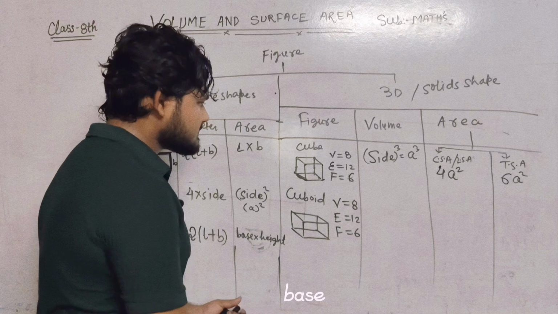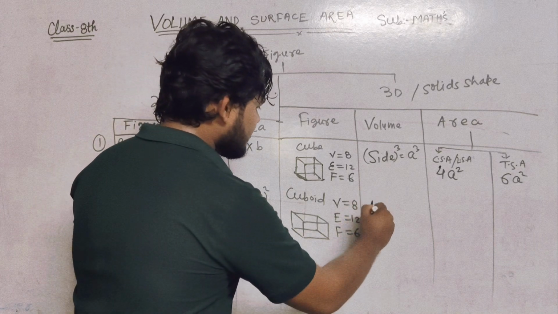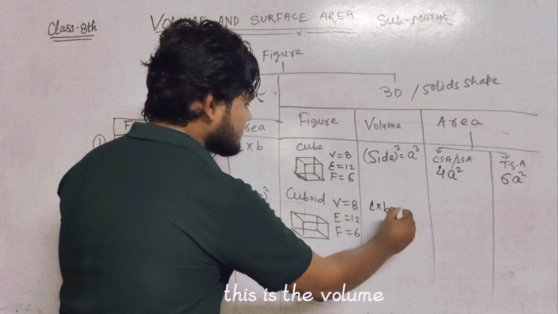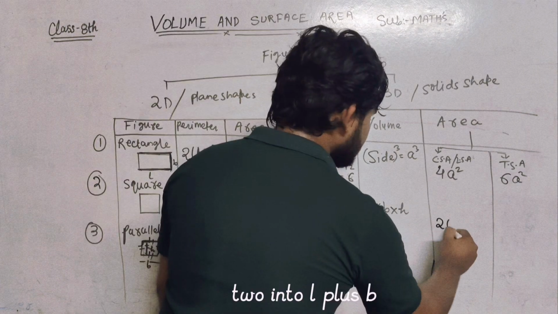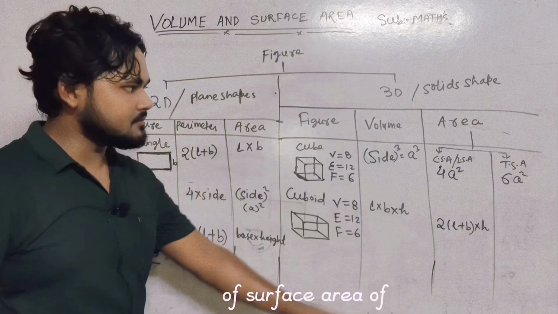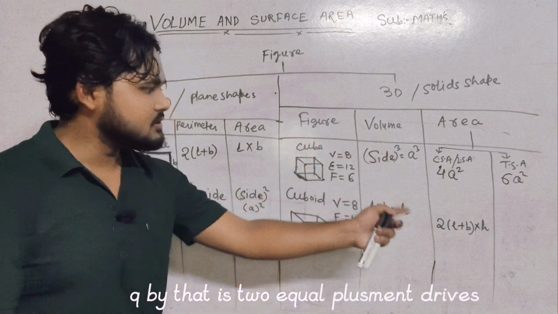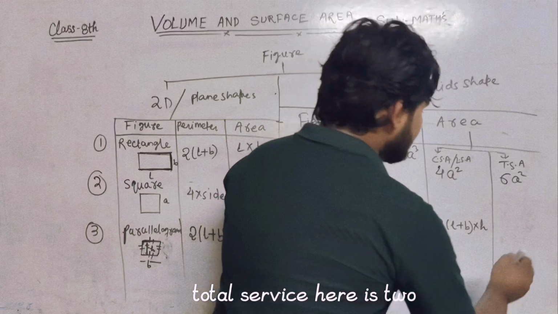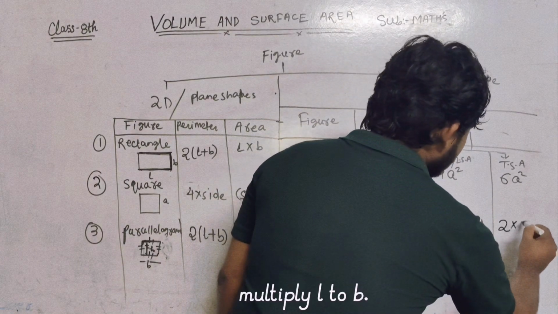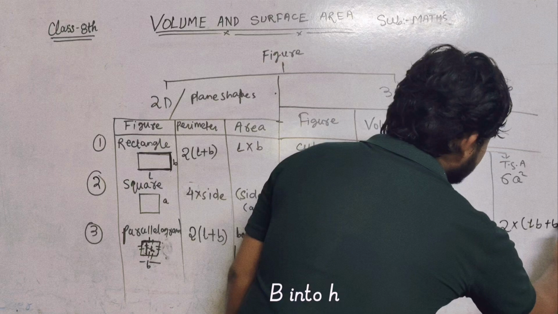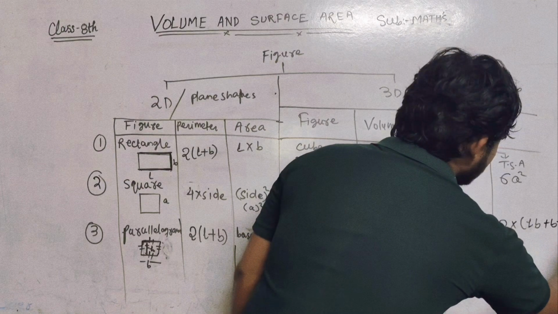Area of base, that is L into B, into height. This is the volume, L into B into H. Curved surface area of cuboid is 2 into (L plus B) into H. You know student, total surface area is 2 multiplied by (L into B plus B into H plus L into H).